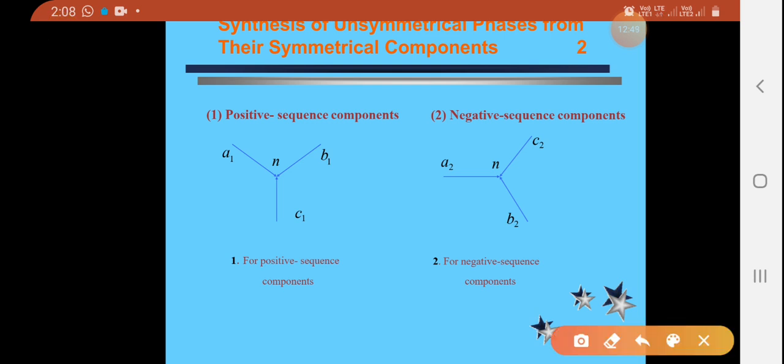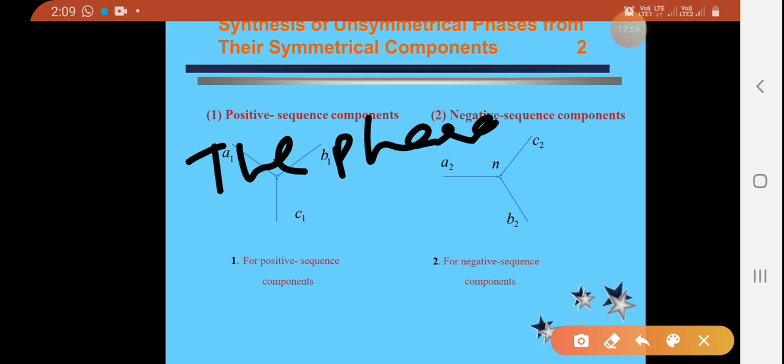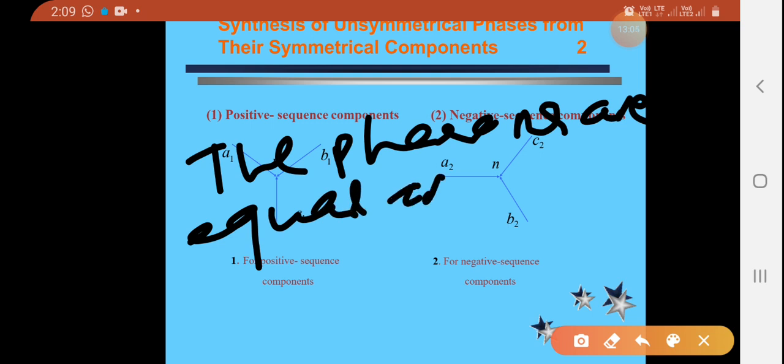And when I am talking about negative sequence components, here also the phasors are equal in magnitude.